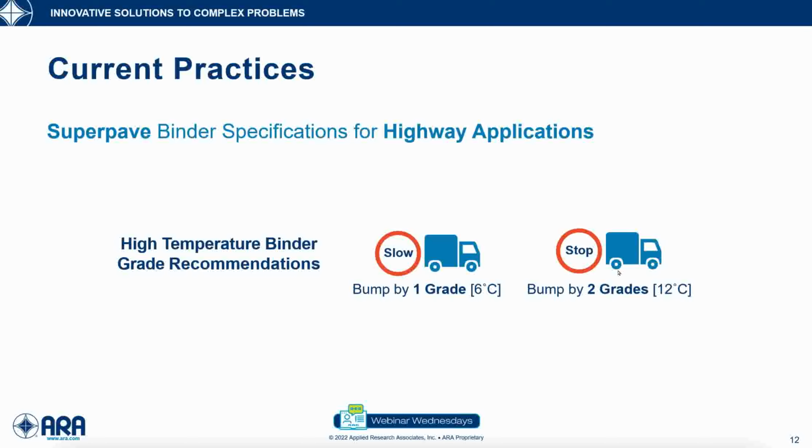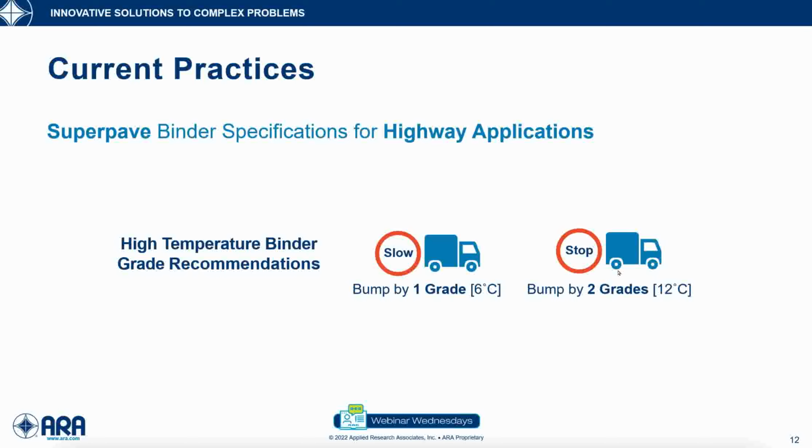In the SuperPave binder specifications for highway applications, it's stipulated that if you have slow traffic, you need to bump the PG grade by 1. And that means your binder needs to be stiffer because of the slow traffic. And when you bump it by 1 grade, as if you're saying that the temperature of the pavement is higher by 6 degrees Celsius.